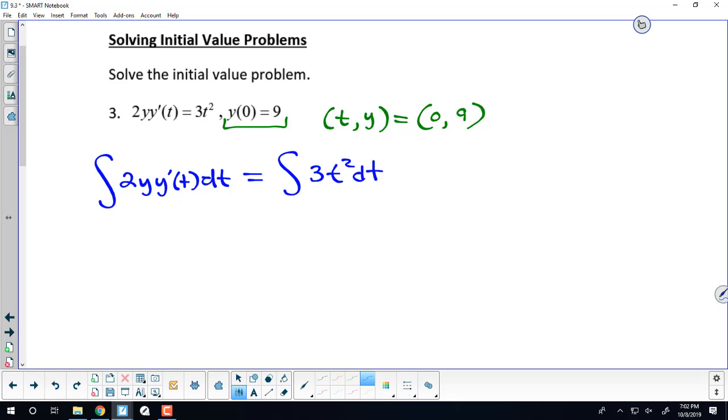So what does the left-hand side actually represent? The antiderivative of 2y dy. Okay, so the integral of 2y dy is equal to the integral of 3t squared dt.